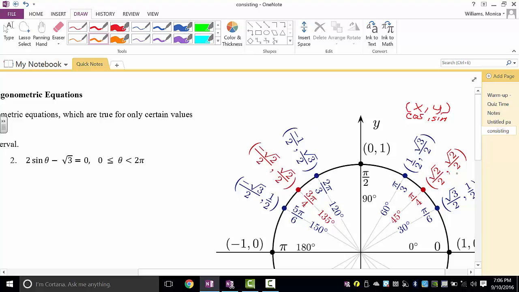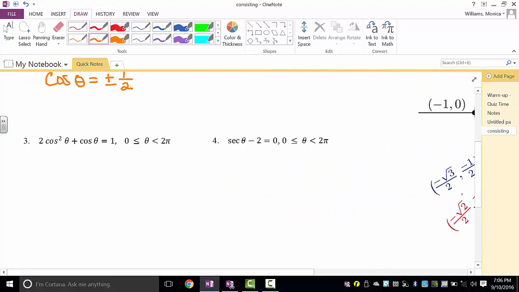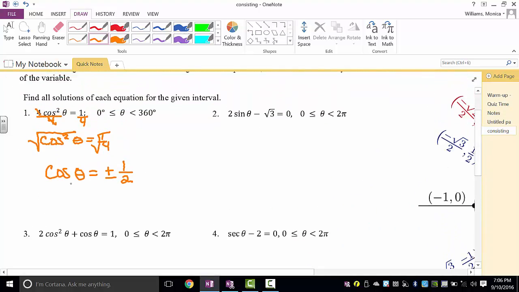So continue to go around the unit circle and look for those values. So the solutions for theta would be 60 degrees, 120 degrees, 240 degrees, and 300 degrees.